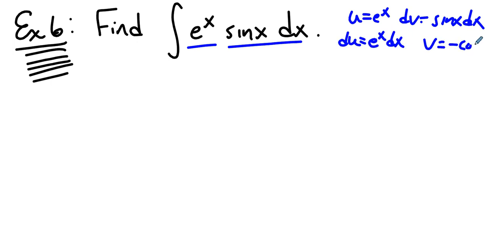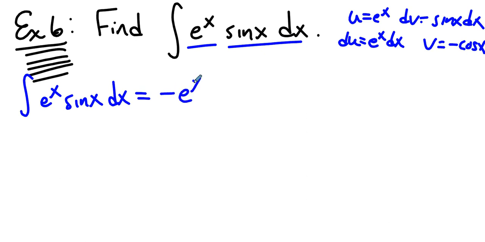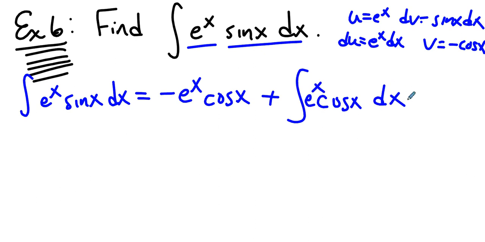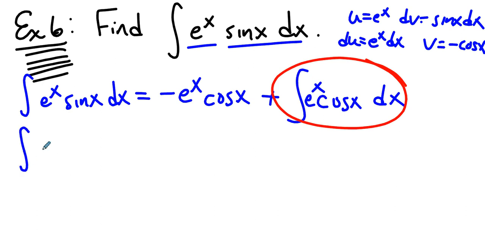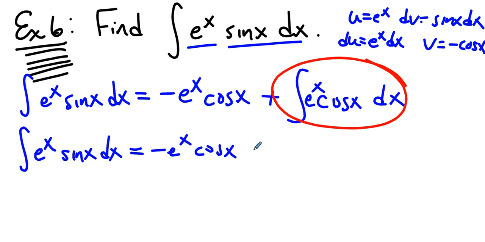The antiderivative of sine x is easy to find. So the integral of e to the x sine x dx is uv minus the integral of v du. I'm going to pull this minus 1 out. And I ask myself, is this better than what I had? And the answer is, it's not worse. So maybe trying this again is a decent idea.